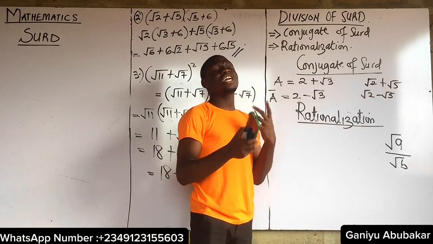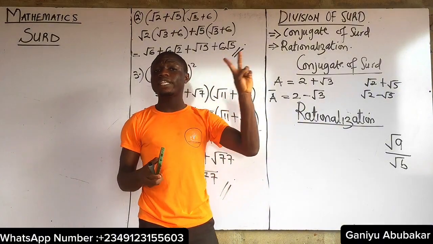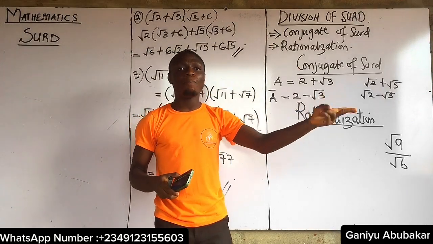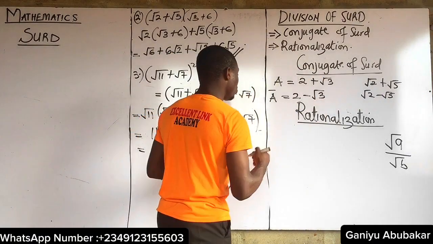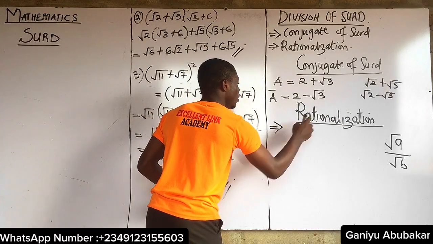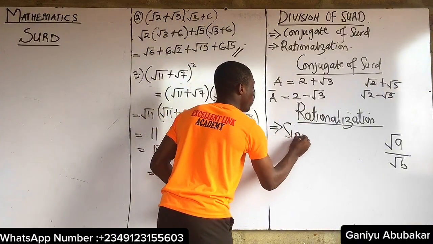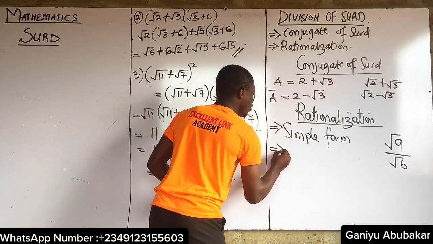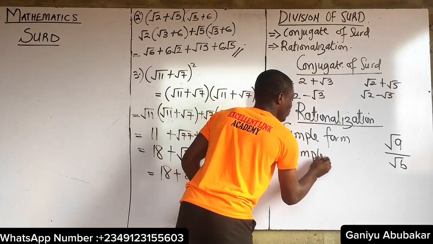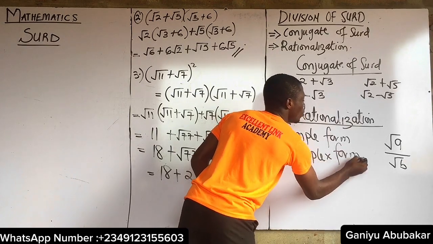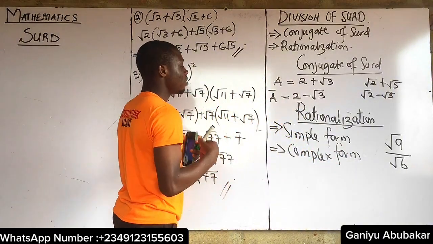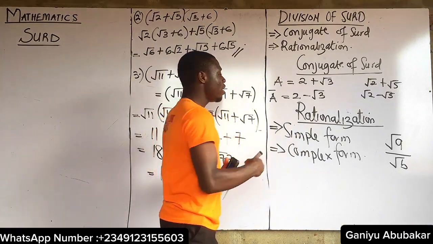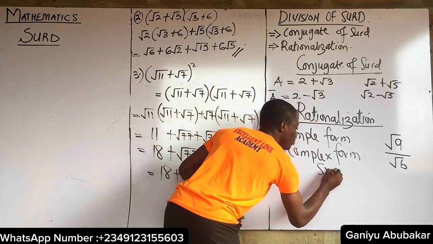So when it comes to rationalization, there are 2 key concepts: we have the simple form and the complex form. Let's call the simple form.